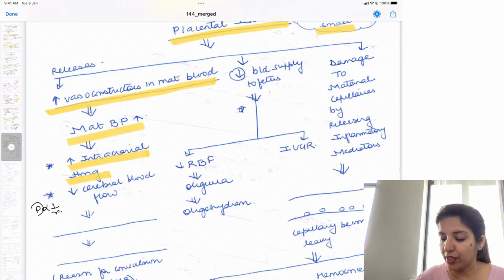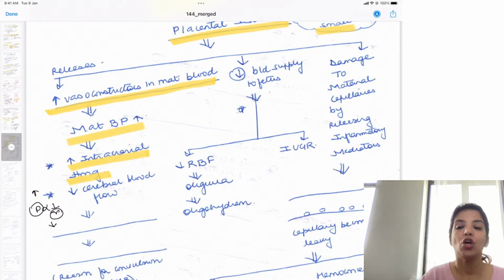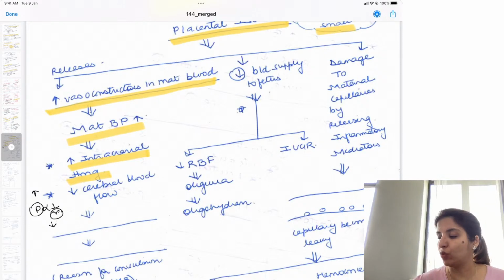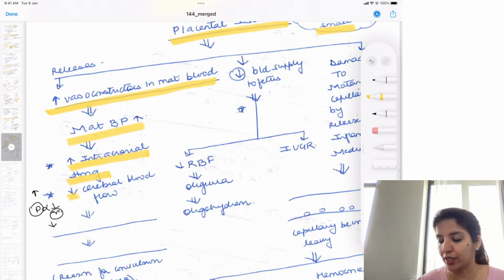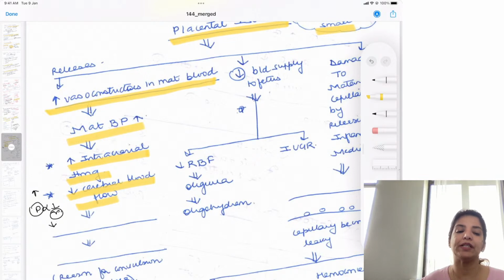So if pressure is increasing, volume will decrease. So जब mother के circulation में BP high हो जाएगा, the volume of blood going to all organs will decrease, and obviously volume of blood going to mother's brain will also decrease. So there will be decreased cerebral blood flow.